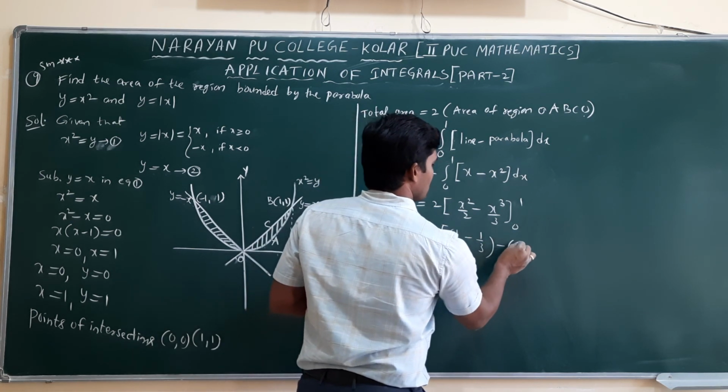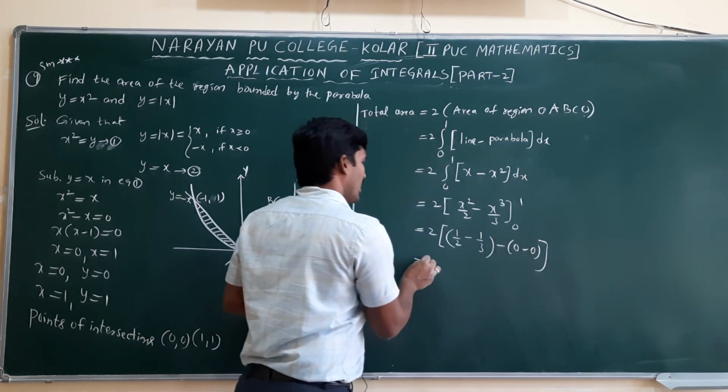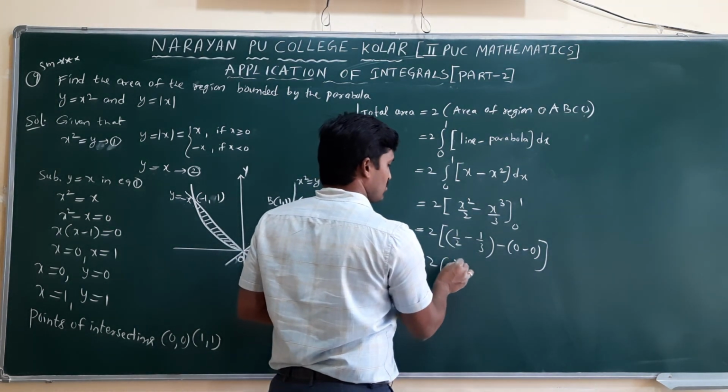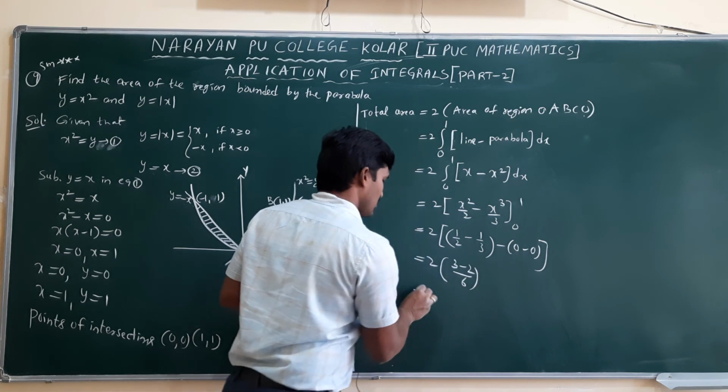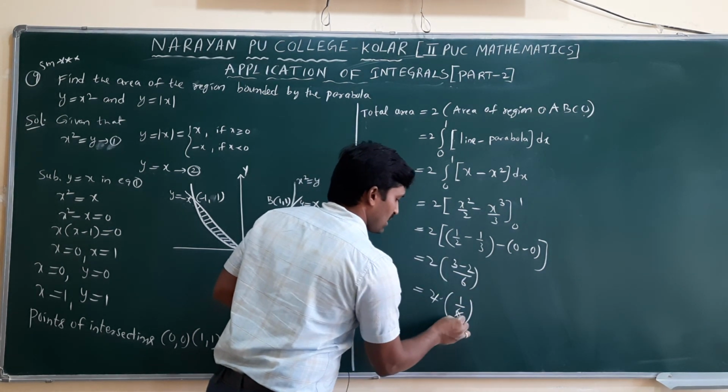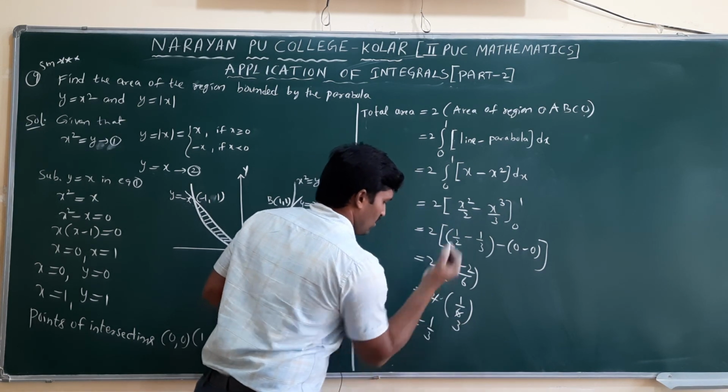Substitute lower limit: 0 minus 0. Now 2 into, take LCM, the LCM of 2 and 3 is 6, so 3 minus 2 by 6. That is 2 into 1 by 6. 2 ones are, 2 threes are. The answer is 1 by 3.